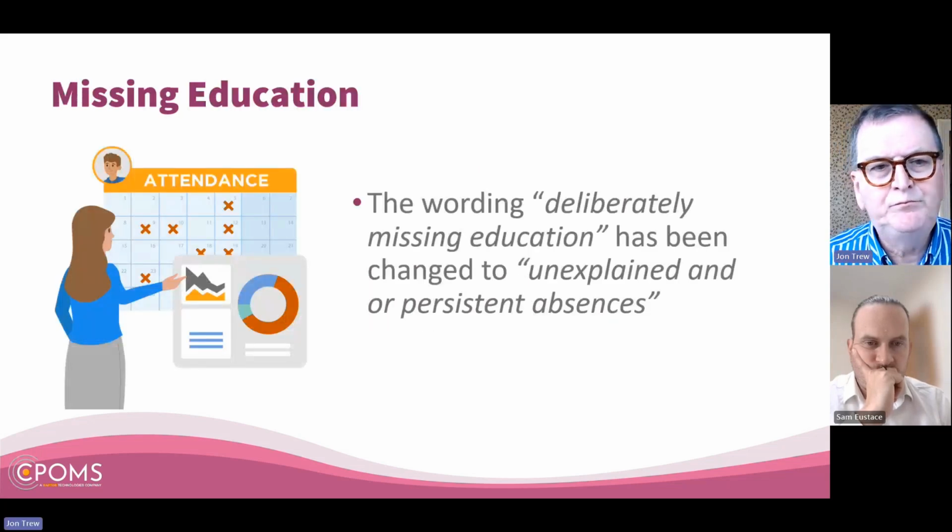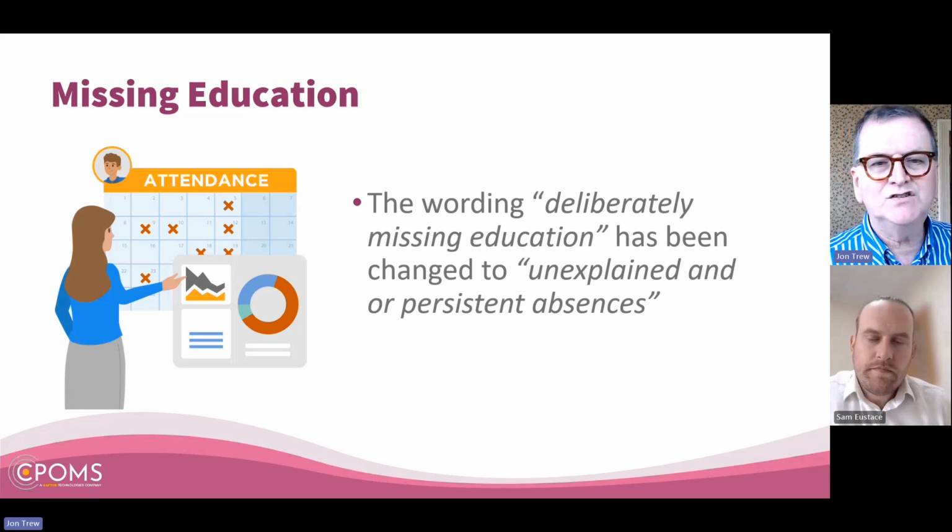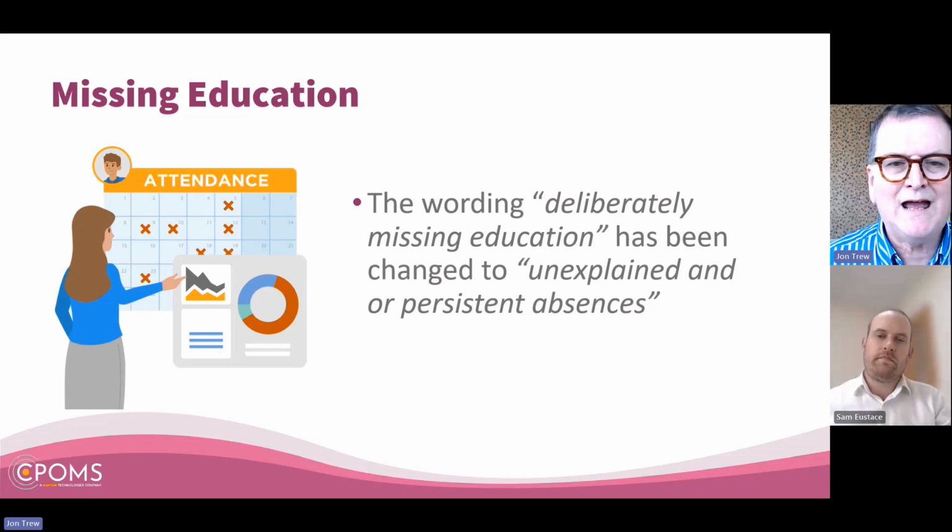The other major change is around children missing in education. The change there is around language, the power of language, the meanings of language, the implication of language. The phrase deliberately missing education has been changed to unexplained and persistent absences.